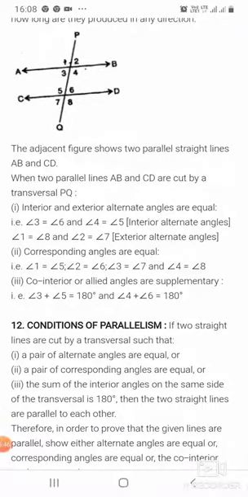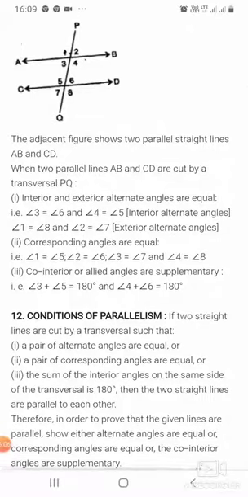So the sum of them is angle 3 plus angle 5 and angle 4 plus angle 6. It is possible only in case of interiors, not exteriors. You cannot say angle 1 plus angle 7 is 180, because it is only in case of interior allied angles. So angle 3 plus angle 5 is 180, and angle 4 plus angle 6 is also 180. So three properties we took here.